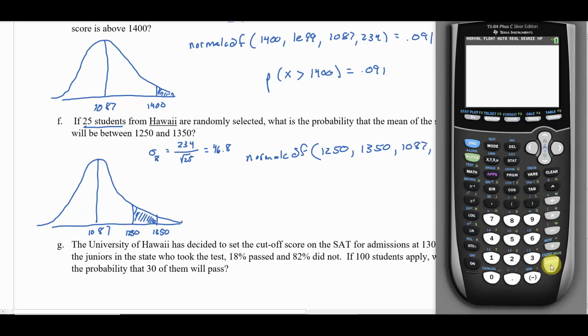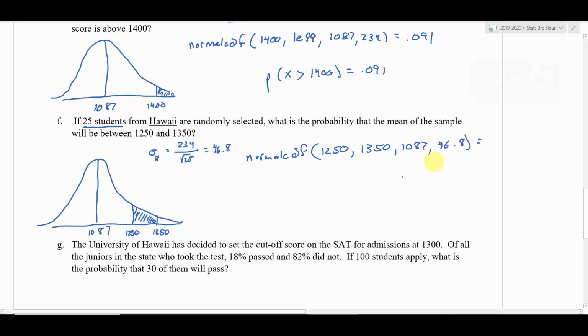Enter. There we go. Look, we got a really small probability. So we're going to say 0 plus on this one. The probability that x is in between 1250 and 1350 is 0 plus. There we go. So we answered that one.